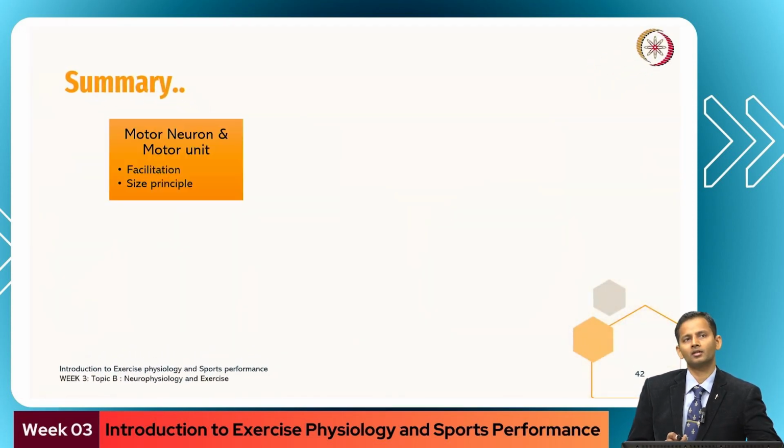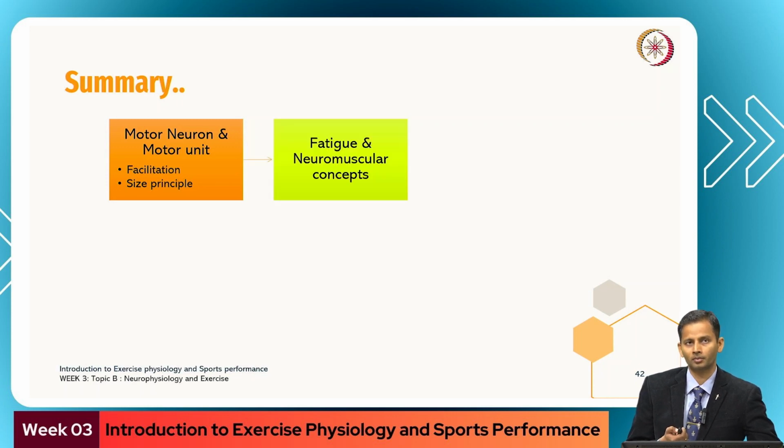So to summarize, we discussed the motor neuron unit, what is a motor unit, what is a motor neuron, what are the different types of innervation that they do, and we also discussed the physiological concepts and their implication in exercise, namely the facilitation as well as the size principle and the all or none principle or gradation principle.